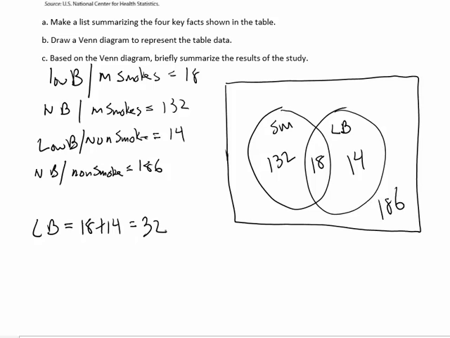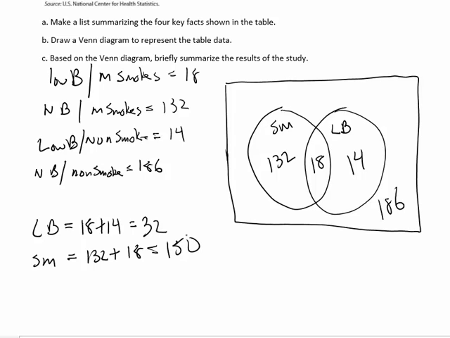So 32 babies born with low weight. We can make a statement about smokers. There are 132 plus 18 mothers who smoke. So what is that? 150. So we can do some summary data like that.